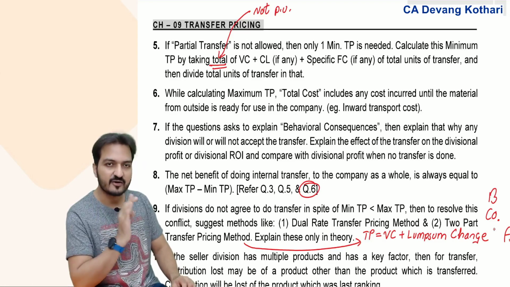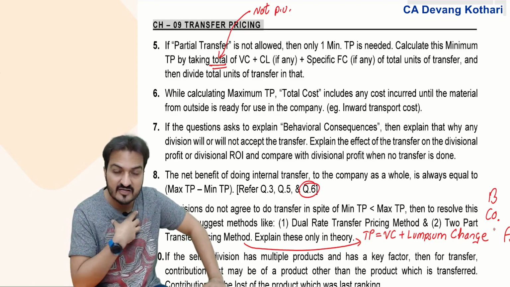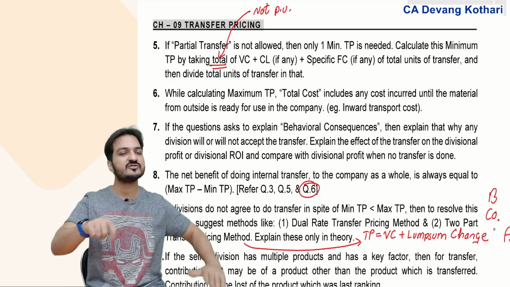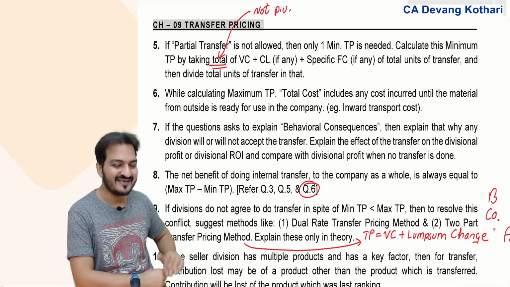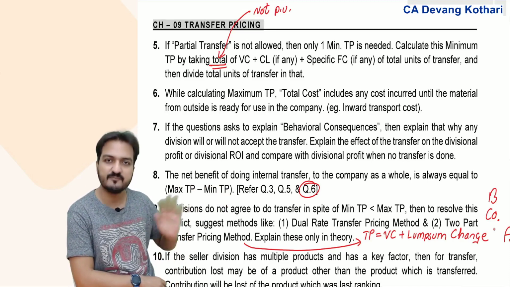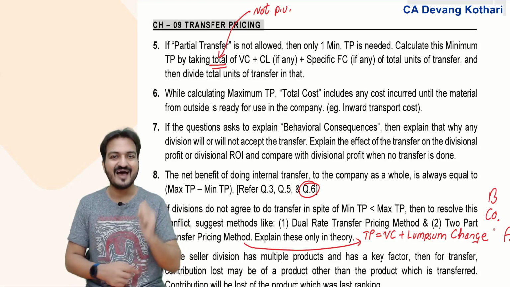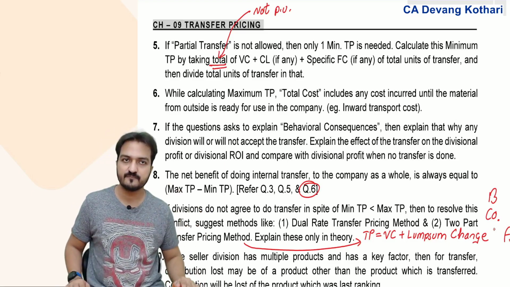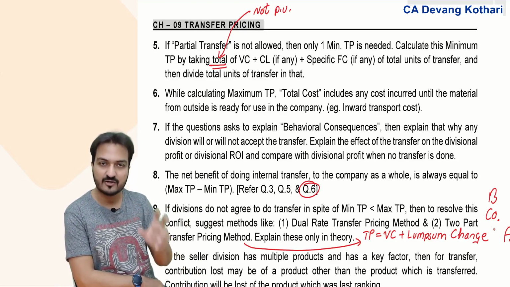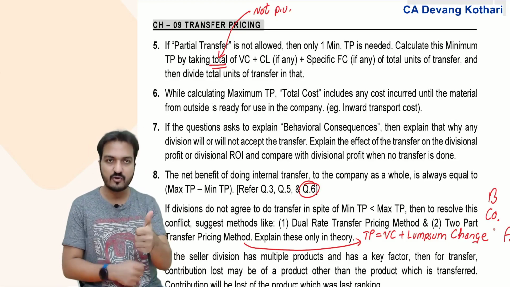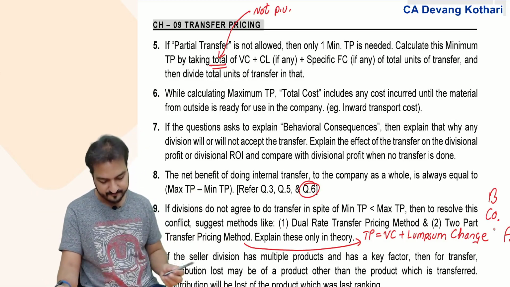So I will decide transfer price as variable cost plus some lump sum charge. And as the general manager of the company, I will force the divisions to follow this price. Division A might be happy with this price because he is getting more than variable cost. He is getting some profit. Division B will also be happy with this price because it is lesser than the market price. This method is called the two-part transfer pricing method. My transfer pricing calculation involves two parts: variable cost and then some lump sum charge.